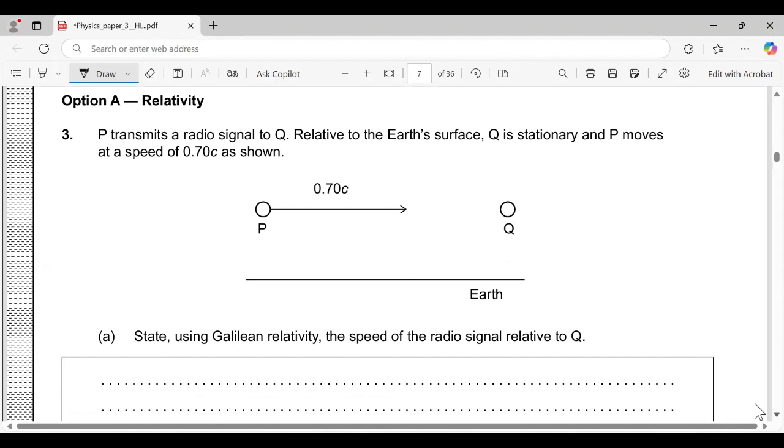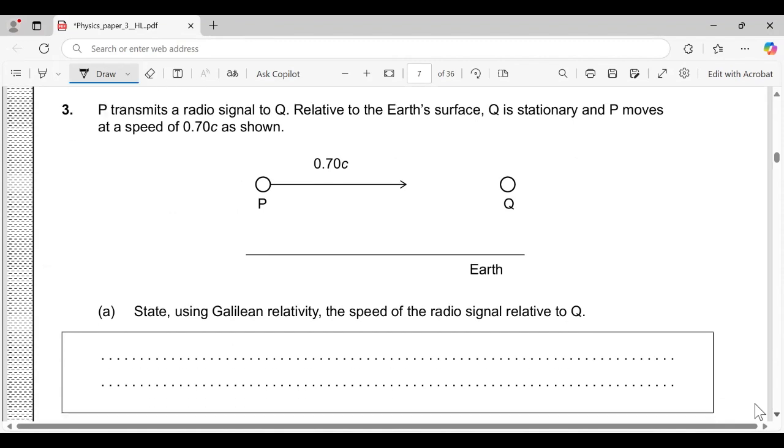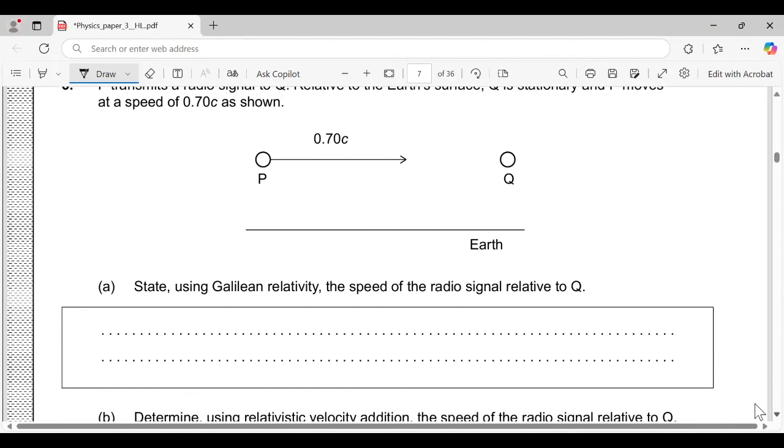Okay, so we can determine the speed using the Galilean velocity addition formula. It says that V signal relative to Q equals V signal relative to P plus VP.